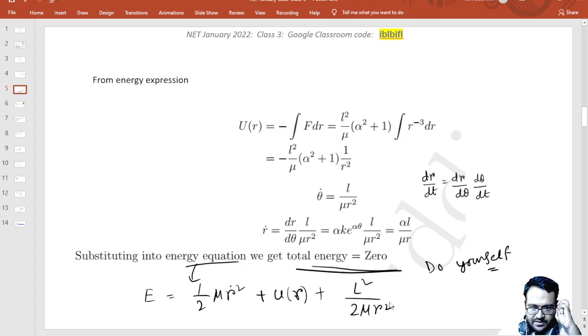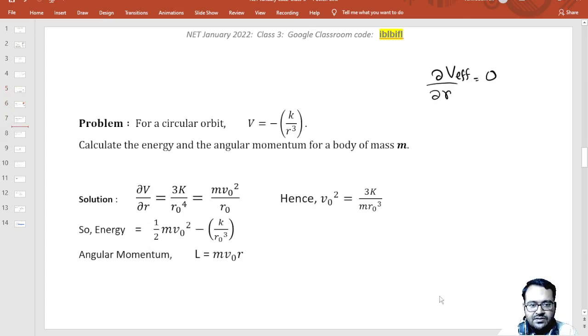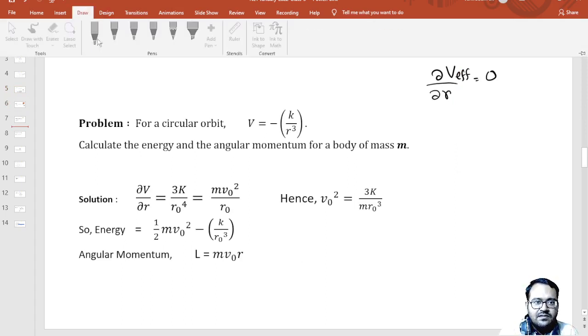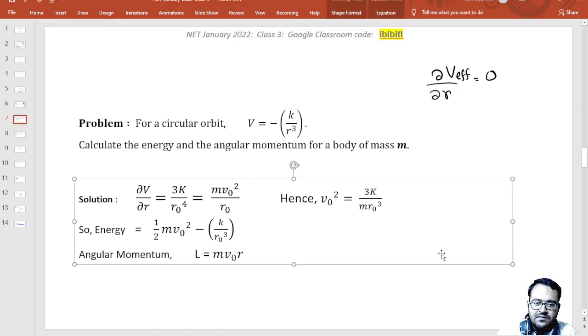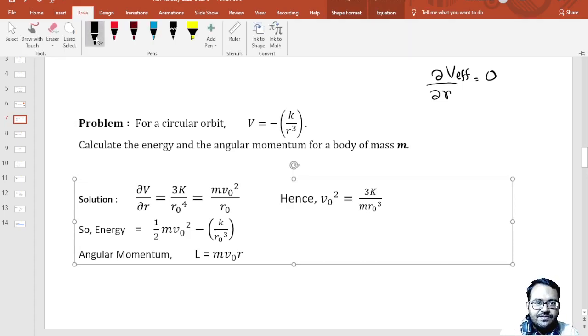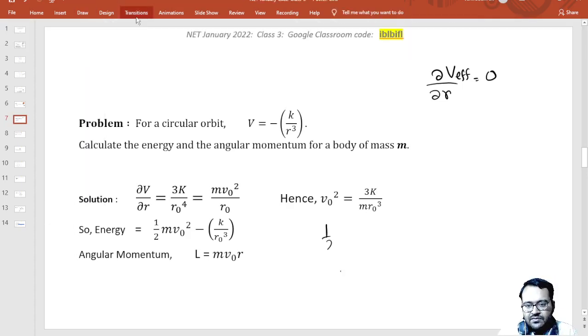I used half twice. And this L square by 2 mu r square is half of m v0 square, which is the tangential velocity. So energy comes from this: half of mu r dot square plus V effective. The r dot term is 0 for a circular orbit, because r is not changing, r is constant.